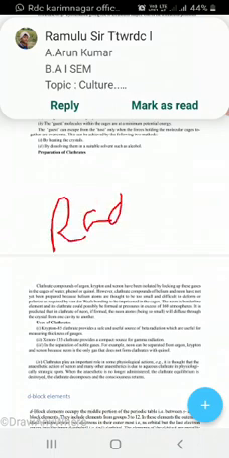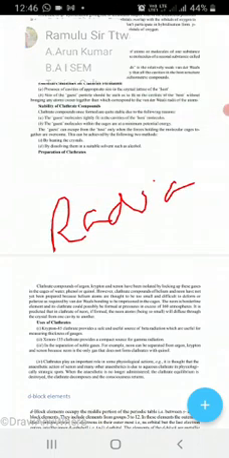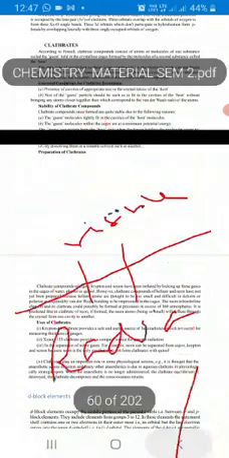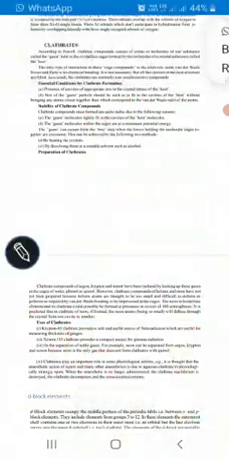Whatever we are seeing is only the visible part of the electromagnetic radiation, but electromagnetic radiation is a composition of several types of radiation. The high energy radiations like gamma rays and beta rays are produced by these clathrate compounds. So this is about the uses and preparation of clathrate compounds.